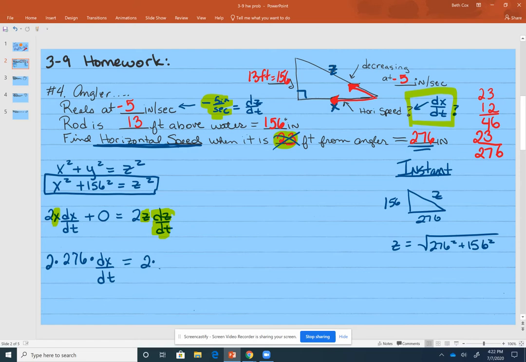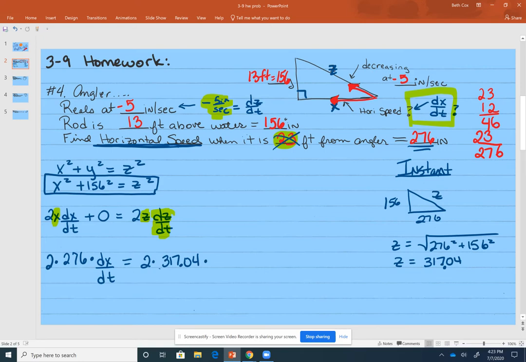Now, if you're not used to doing the Pythagorean theorem in this particular fashion, let me know, and I'll see if I can take a few minutes in class one day to explain that to you. It's real simple. Okay, so getting out my calculator, I'm going to do the square root of 276 squared plus 156 squared. Okay, and so I get 317.04. That is going to be z.